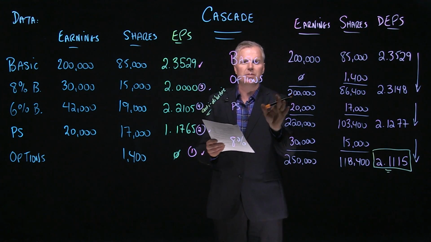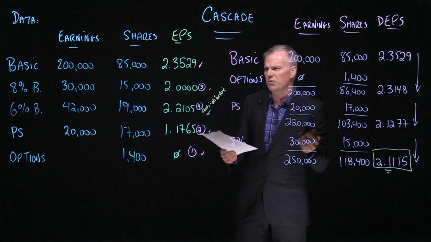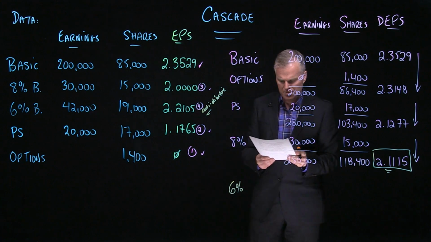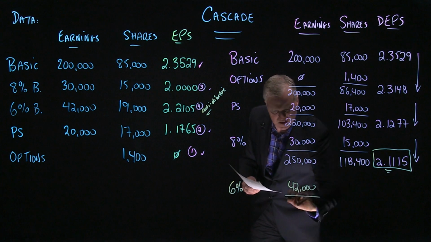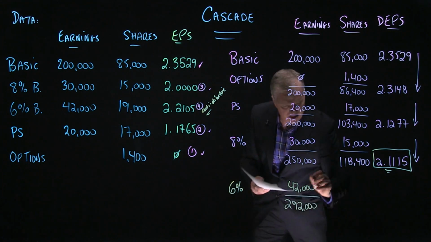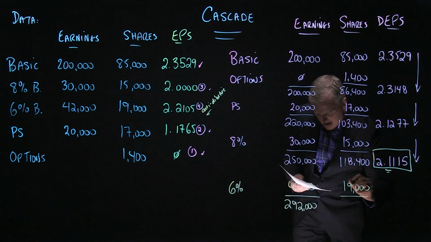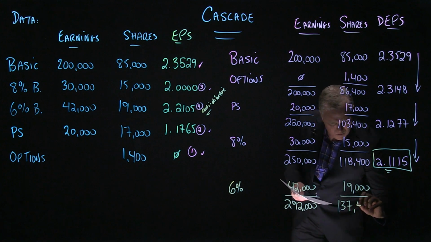Now, let's prove it. Let's actually put this number in and see what happens, just for fun. I put 6% bonds there. I put the value of 42,000, which becomes 292. I put the number of shares of 19,000. That now becomes 137,400.